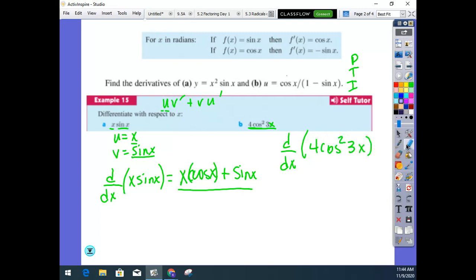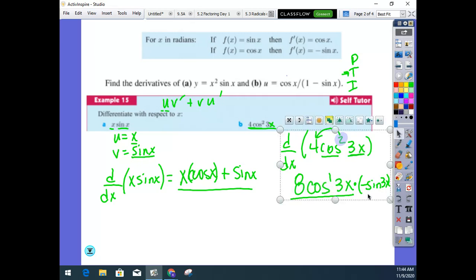All right, power is the 2. 2 times 4 is 8 cosine to the first of 3x. This is power times the trig, the derivative of cosine, negative sine, and we keep this the same.